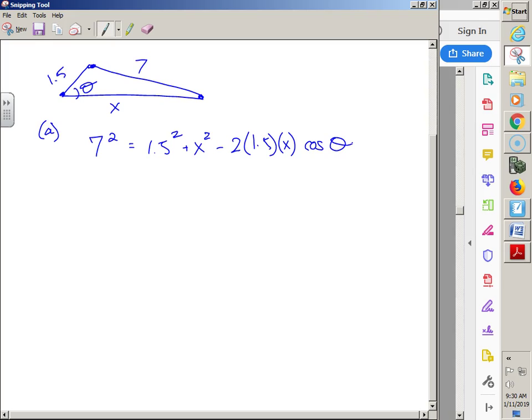That's letter A. Letter B says write x as a function of theta, aka get x by itself. How do we get x by itself, guys? He's kind of stuck in there, right? What's an idea that you have? How do we get x alone? It's hard. But does anybody see a quadratic function?